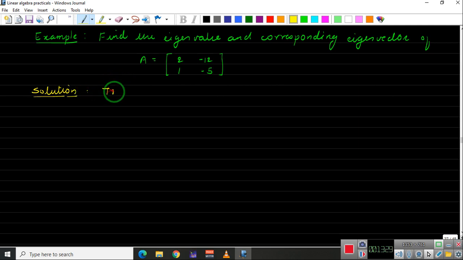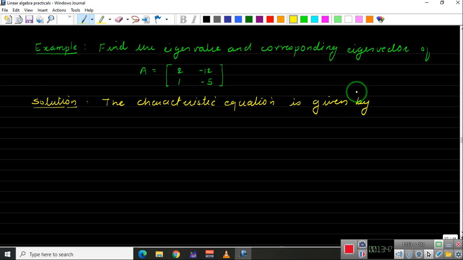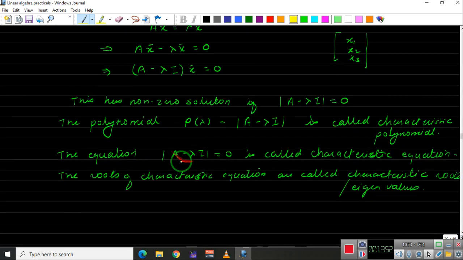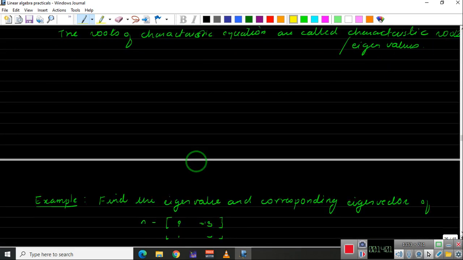The characteristic equation is given by the determinant of A minus lambda I equals 0. This is not modulus, remember that. A is a matrix, so this is a determinant.